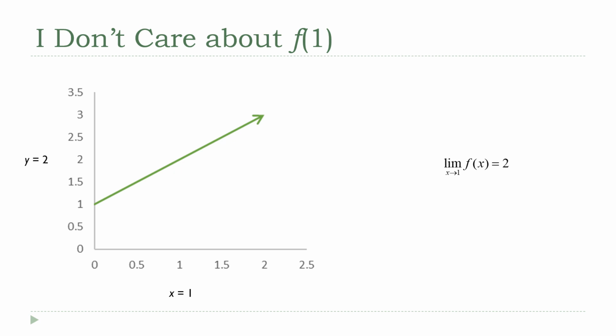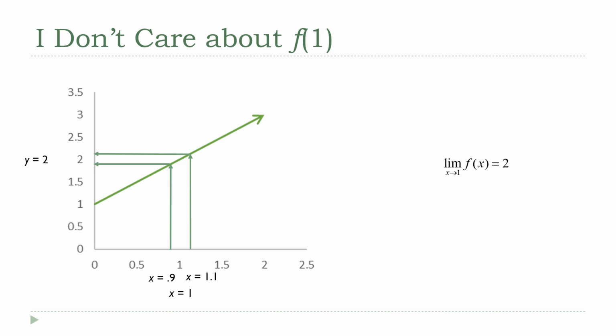All right, so let's start by looking at the first one in a little more detail. Let's say we pick a point close to 1, say x equals 0.9, and look at the corresponding y value. We get something that's really close to 2. And if we do the same thing on the other side, say with x equals 1.1, its corresponding y value is also close to 2.